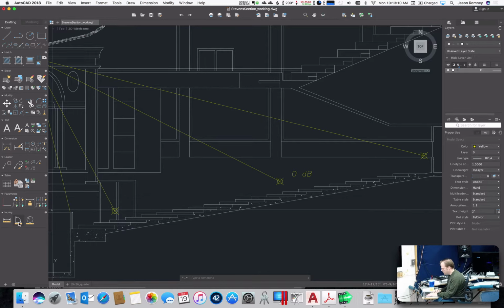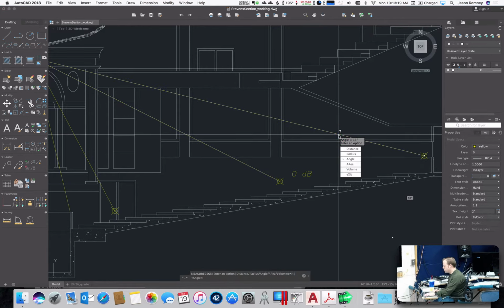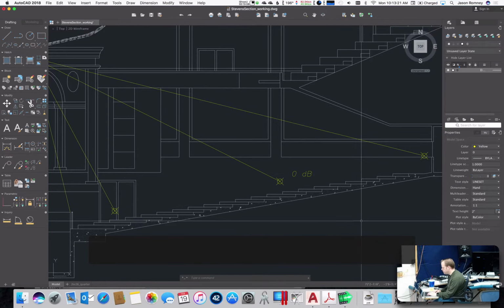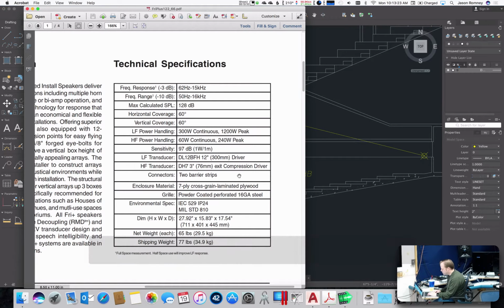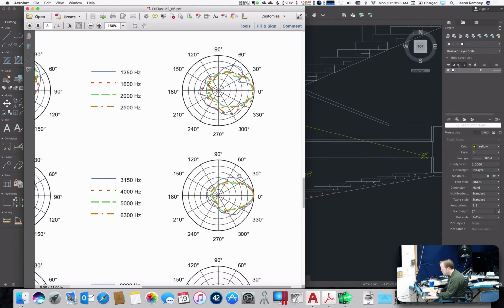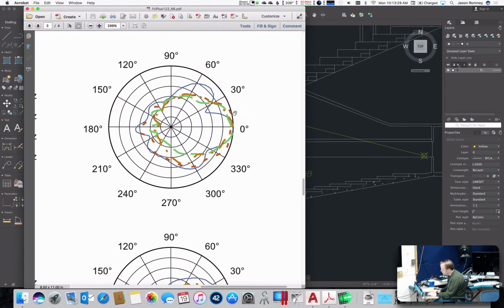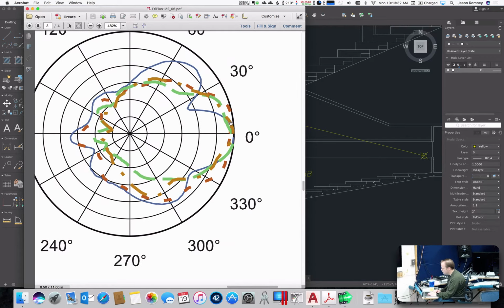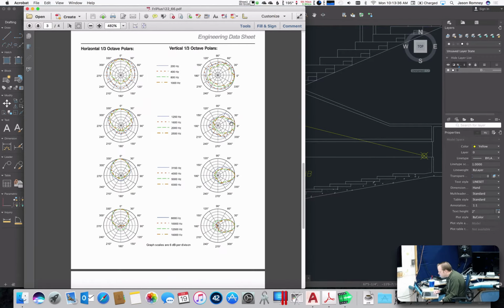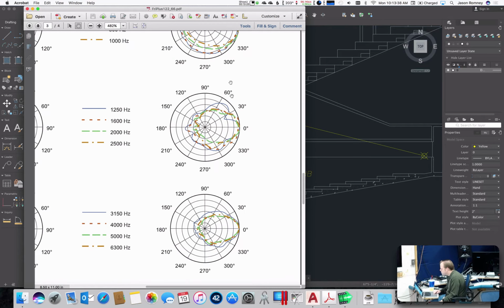Okay, so now what I want to find out is, if I'm pointing on axis to that point, and then I go up to the back row, I'm looking at a 13-degree angle. So let's take a look at this polar plot and see what happens. Remember, the light orange line is 1 kilohertz, and we're doing, I believe, 6 dB per division.